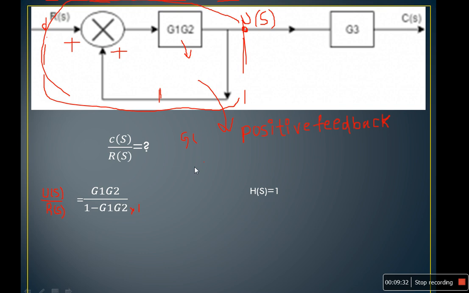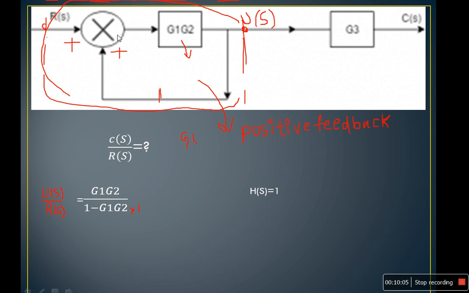Here in this problem, first we are eliminating the positive feedback. What is the transfer function of positive feedback? G of s by 1 minus G of s into H of s. Already we have discussed this in types of feedback. In place of G of s I am substituting G1 G2, and in place of H of s I am substituting 1.